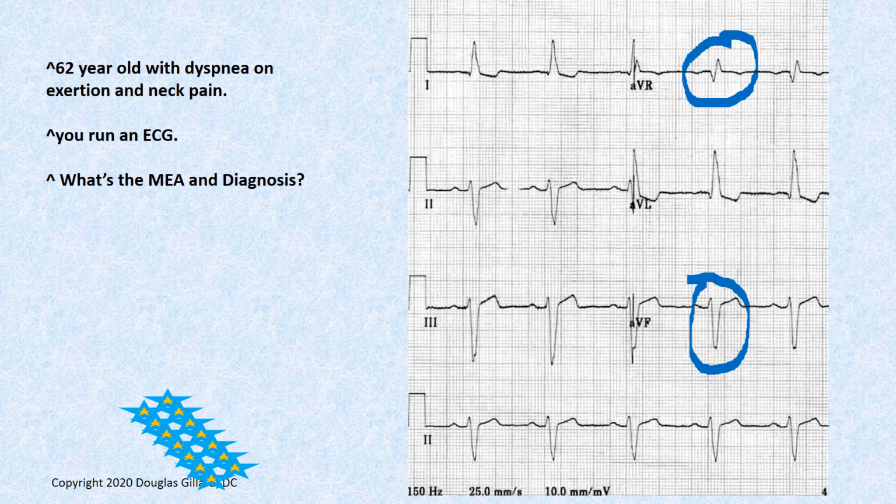All right, let's draw it out here on scrap paper. The first step was to draw a perpendicular to the biphasic lead that you've chosen. You've chosen AVR, which is over here.